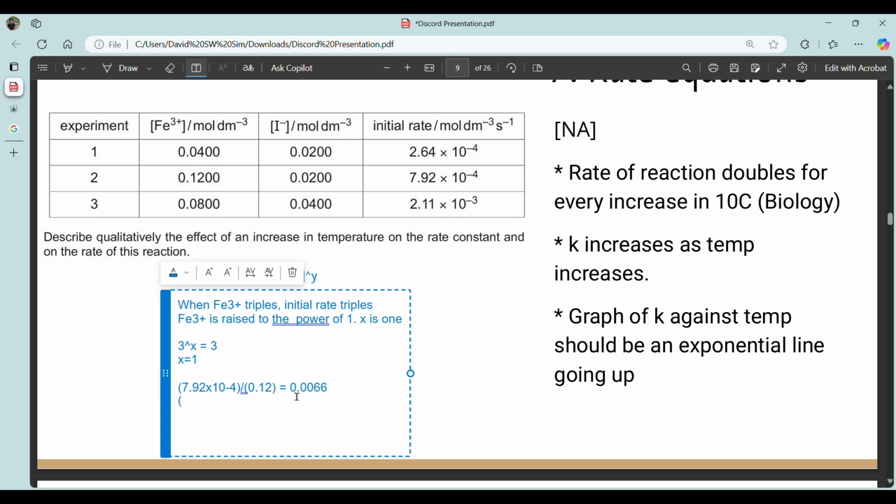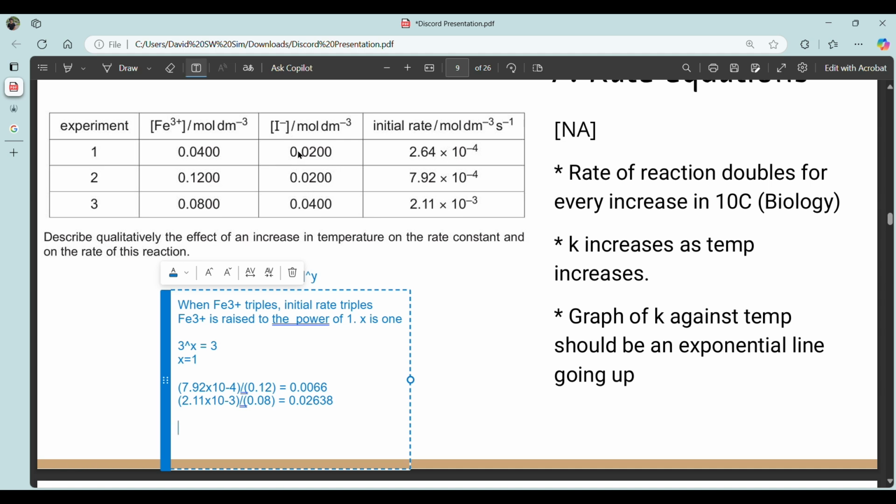Okay, for the next one, experiment 3, same thing, we remove Fe3+ and get 0.02638.